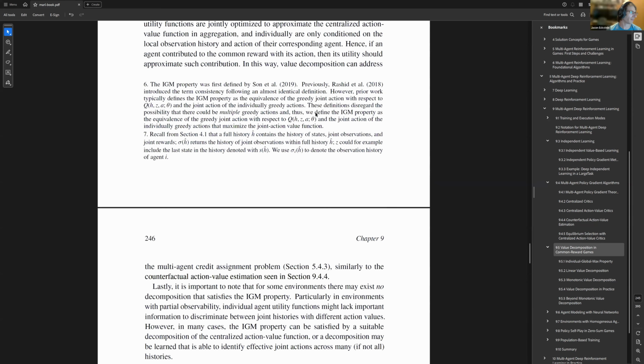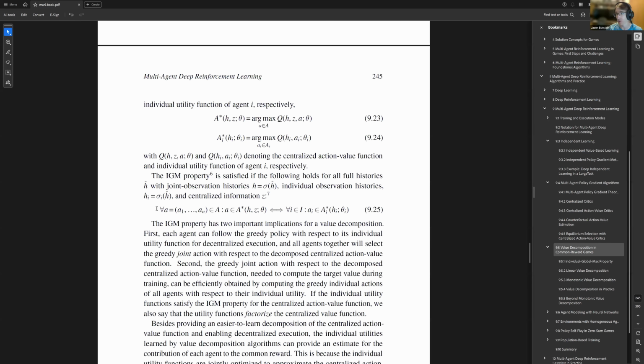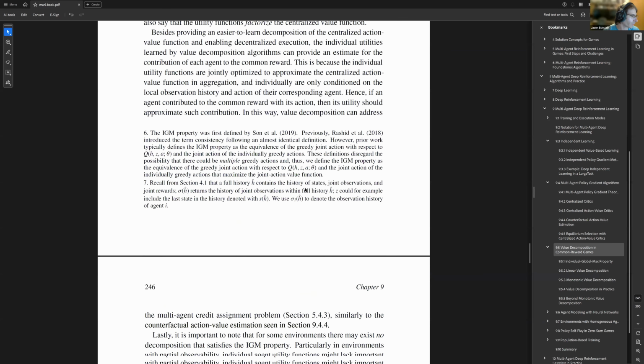So remember that the IGM property has this if and only if statement, right? So we want both of these things to be true, where if we select the actions according to the individual utilities, it ends up being the same as selecting all of the actions with the centralized action value function, and vice versa.